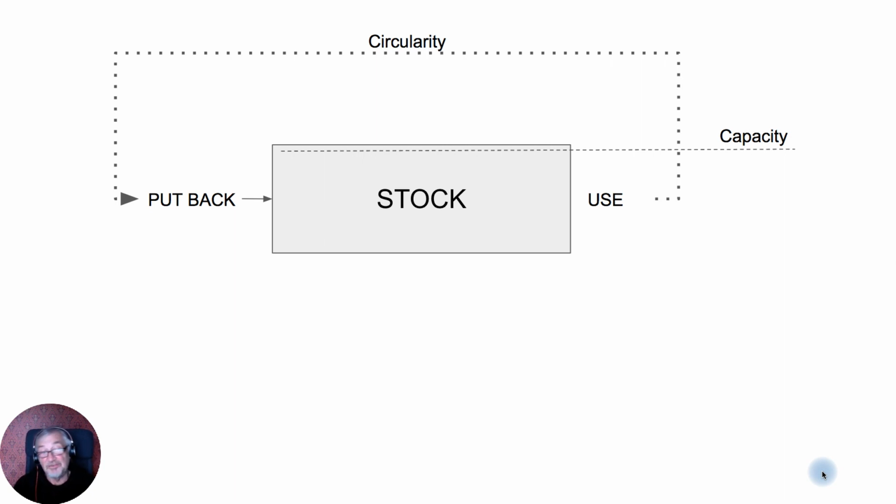You could put them back, for example, just by selling the product on secondhand, or recycling components, or indeed taking that metal and putting it back to some form of material status where it can be recycled again. Scrap is a good example.